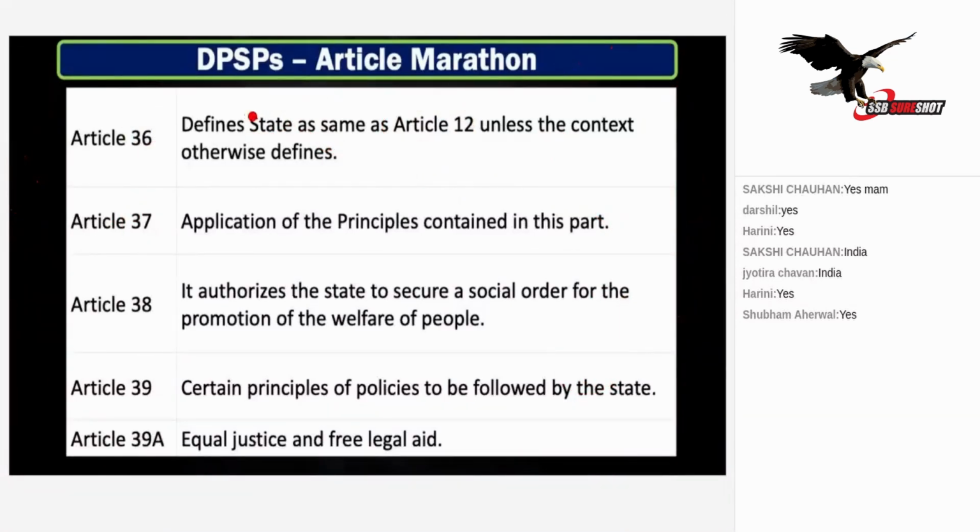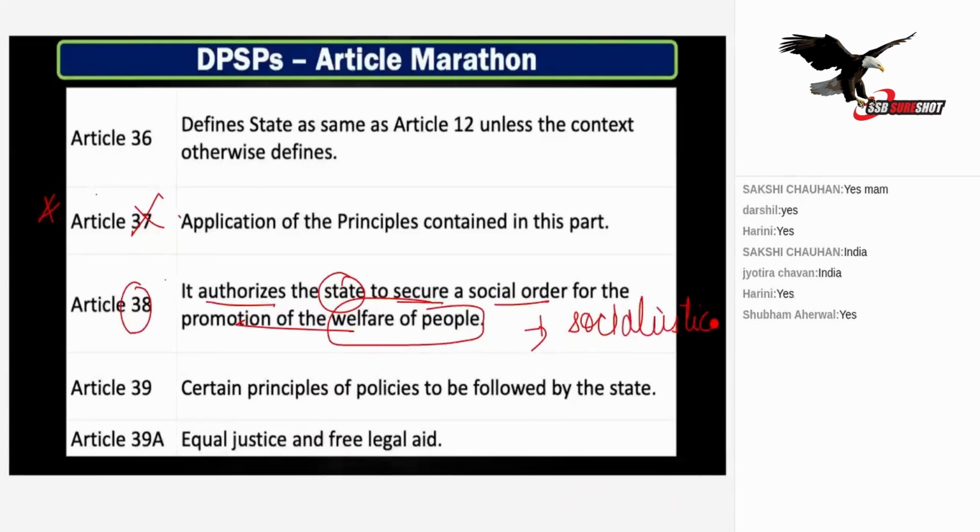Now, Article 38 authorizes the state to secure a social order for the promotion of the welfare of the people. Basically, a socialistic society. Article 38 tells us about the government. Whenever government is trying to make any sort of law, it has to keep in mind that it has to create a socialistic type of society.